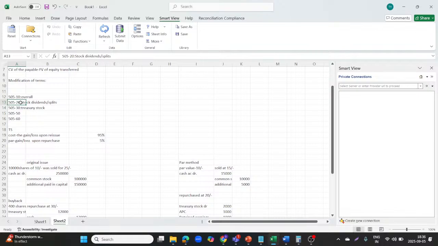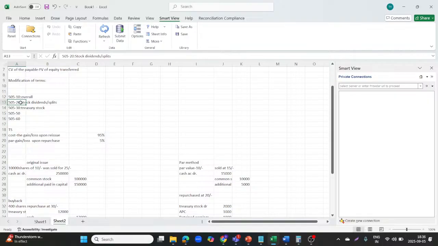Now suppose we take an example: Copper Corporation has 10,000 shares of 10 par value common stock outstanding. The company declares a stock dividend of 800 shares when the fair value is 20.